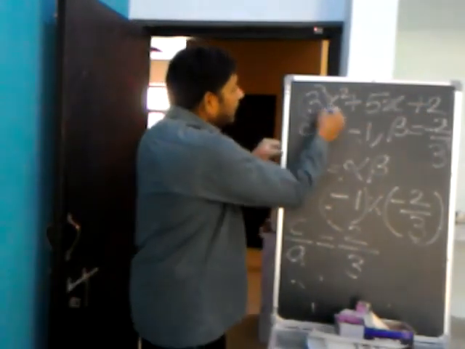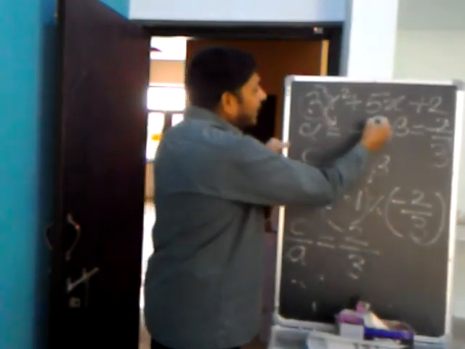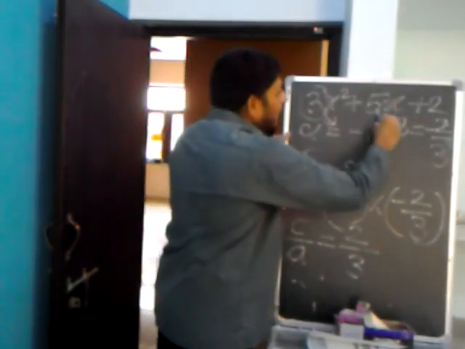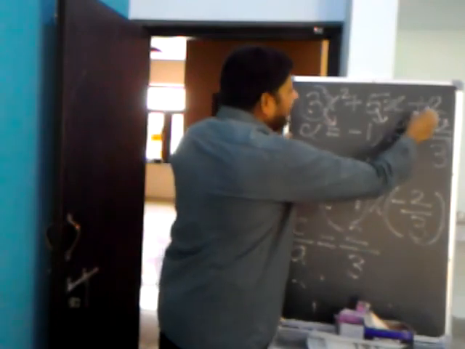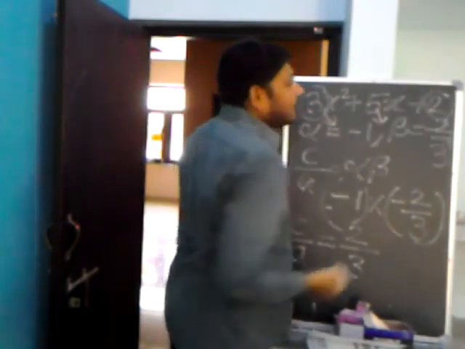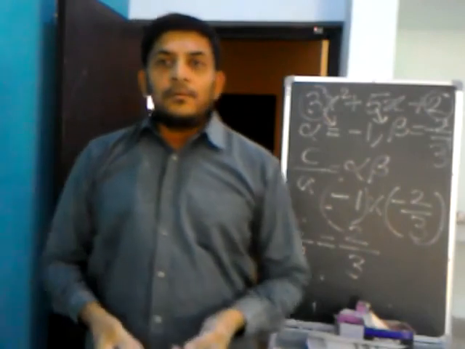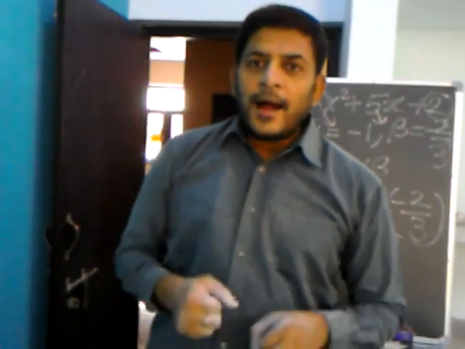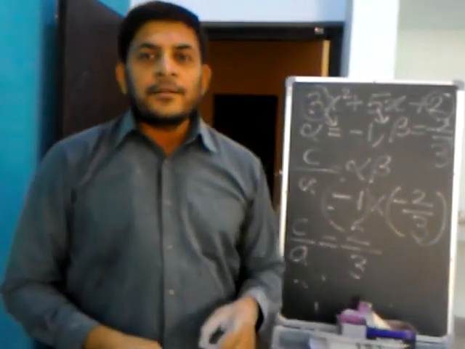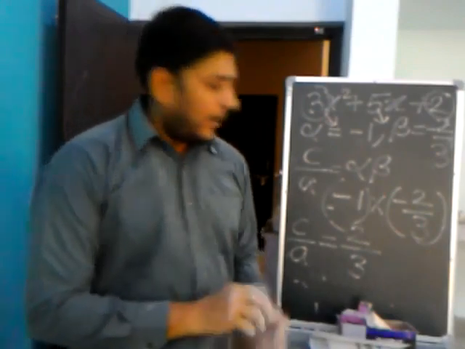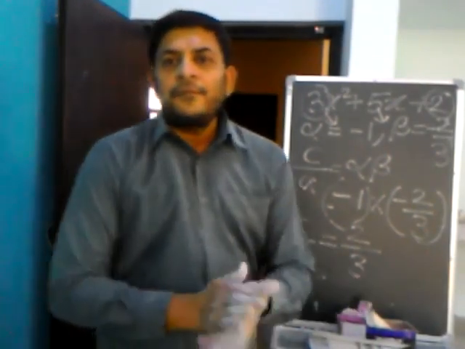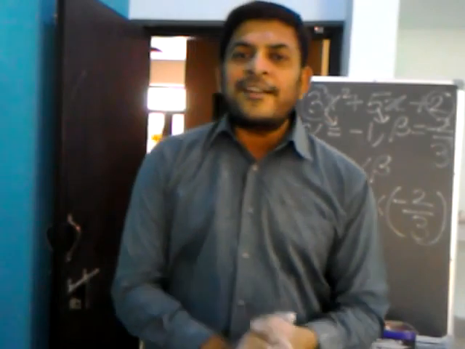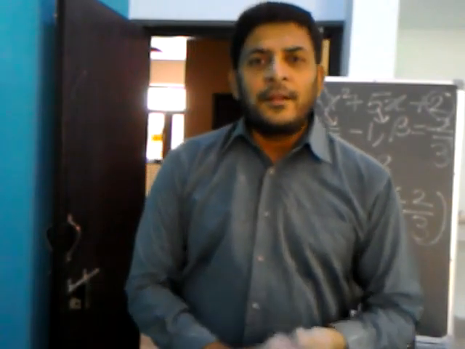And A is the coefficient of x square, B is the coefficient of x, the middle term, and C is the last term. This is how these zeros are related to the coefficients. In the next class, we shall study them in more detail when we solve some questions. Thank you. Have a nice day. God bless you.